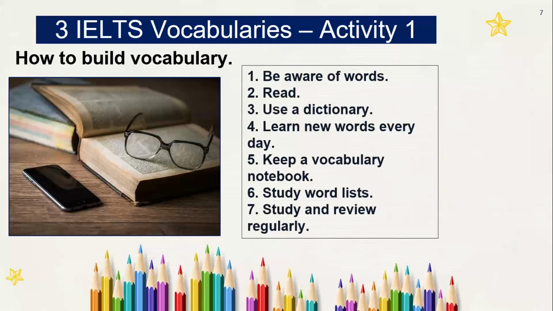Now, not lists of words that are kind of randomized, because when you're reading, you're going to pick up a lot of words that are not all associated with a certain topic. But when you study words that are associated with a broad topic, like for example the environment or education, then research indicates that it's easier for the brain to pick out those words when you need them, like when you're speaking or when you're writing.